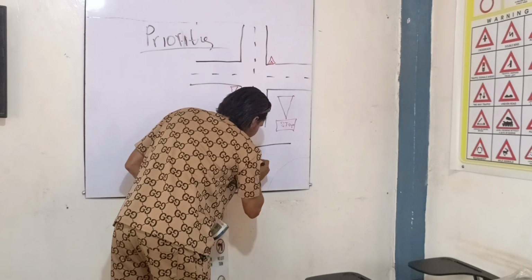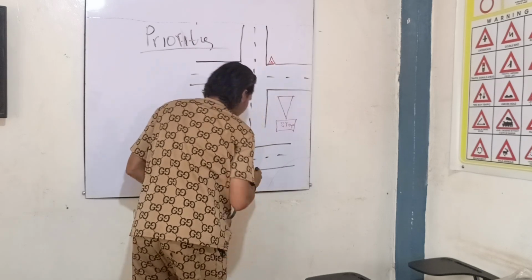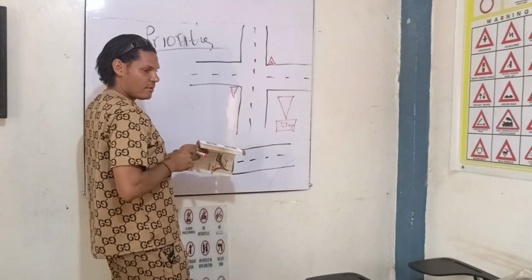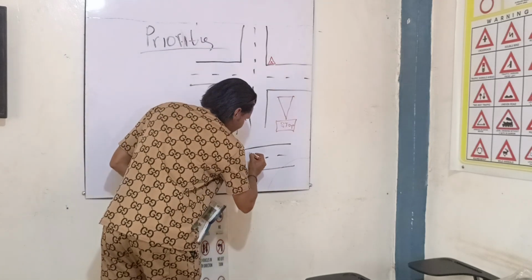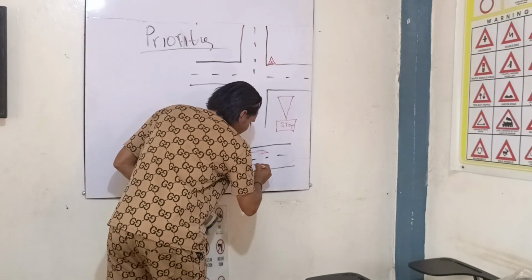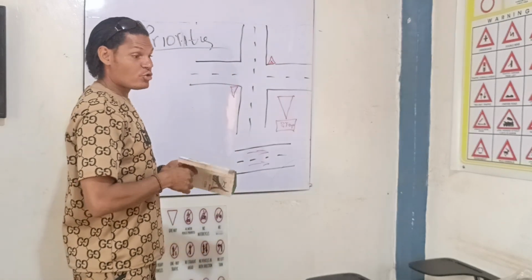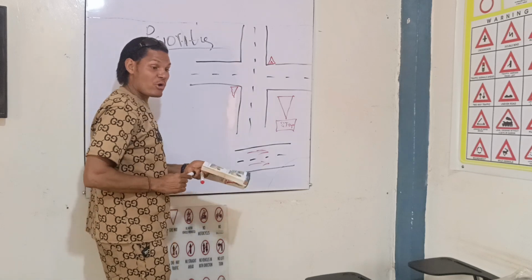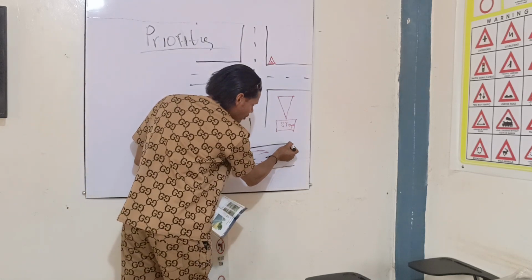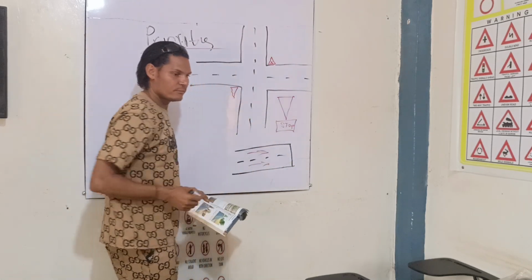Meaning, even if it's a two-lane road, there is one way, meaning the traffic flow is unidirectional, going towards one direction. So that line, being it broken or solid, will be across the whole width of the road.